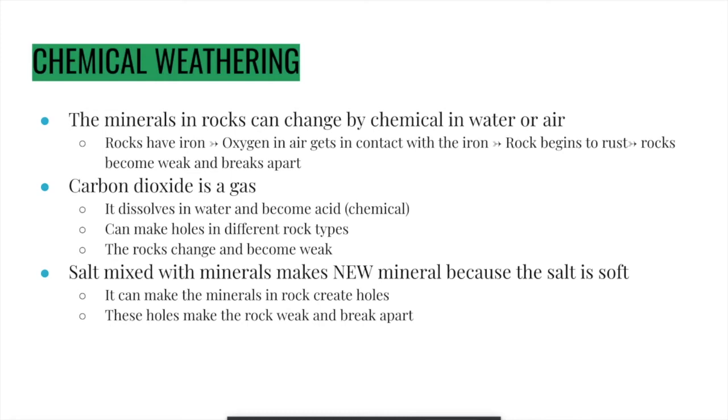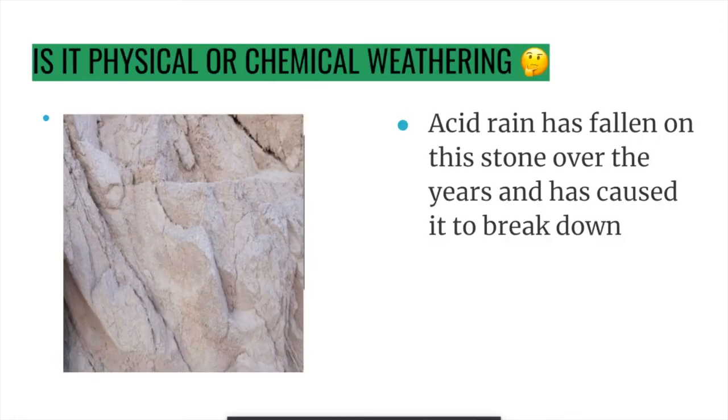So chemical weathering is the process when rocks are broken down because they're becoming weaker and the minerals that make up the rock change. Now let's look at some examples. Look at this rock that is right here.